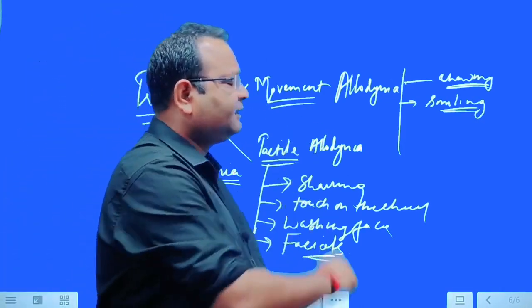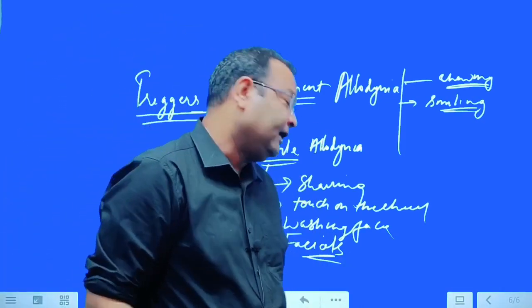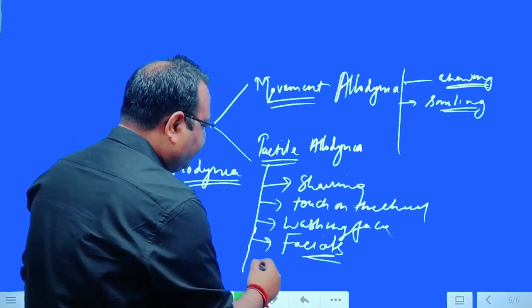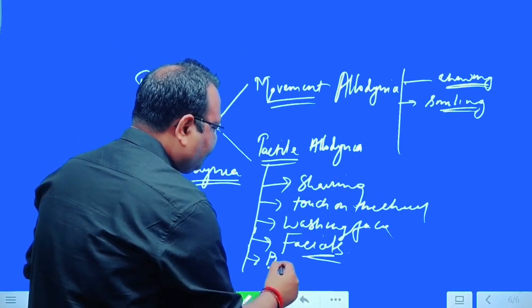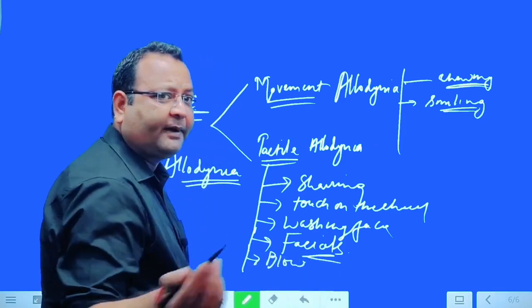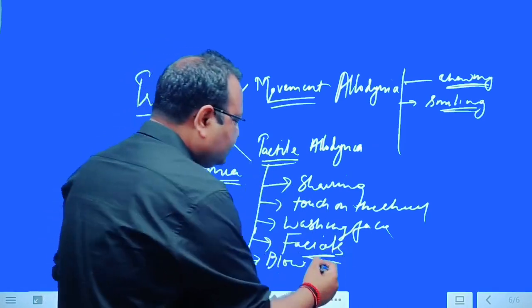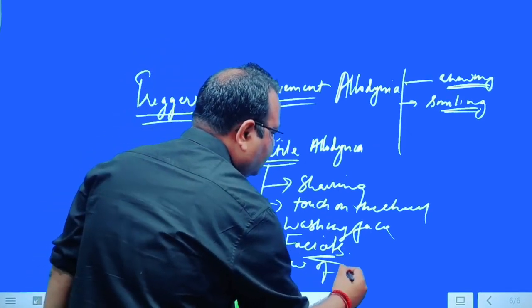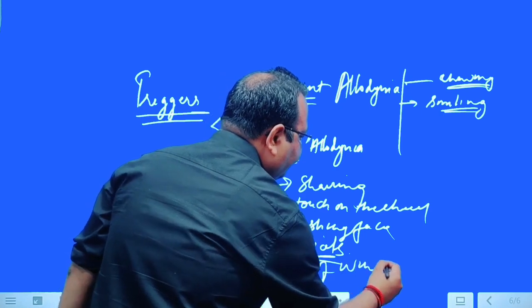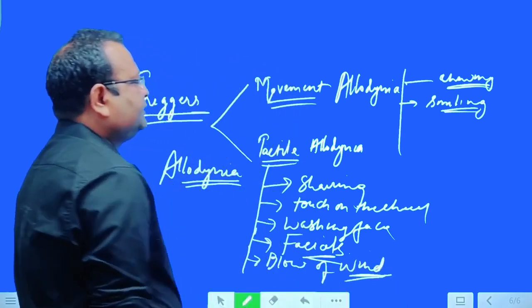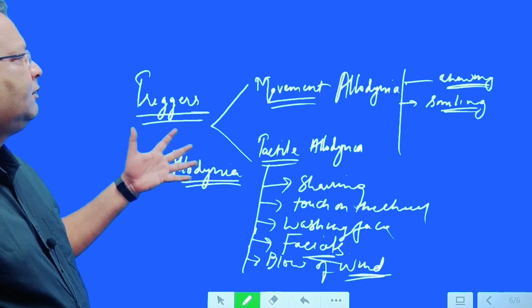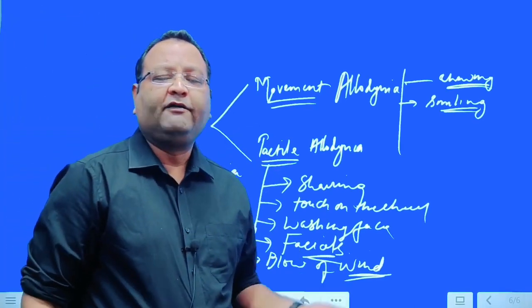So these are the certain trigger points. And even one more, a blow of wind while you are sitting on a bike, the blow of wind can also aggravate this pain.